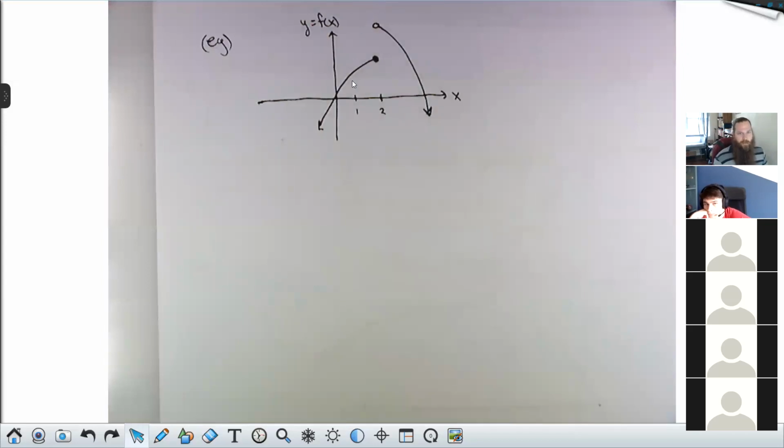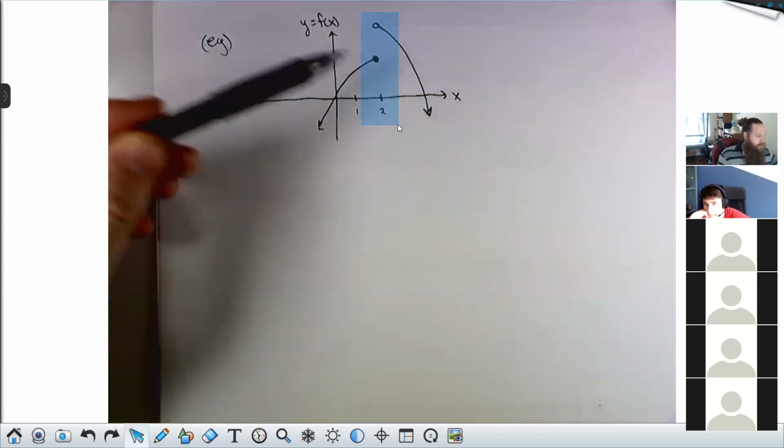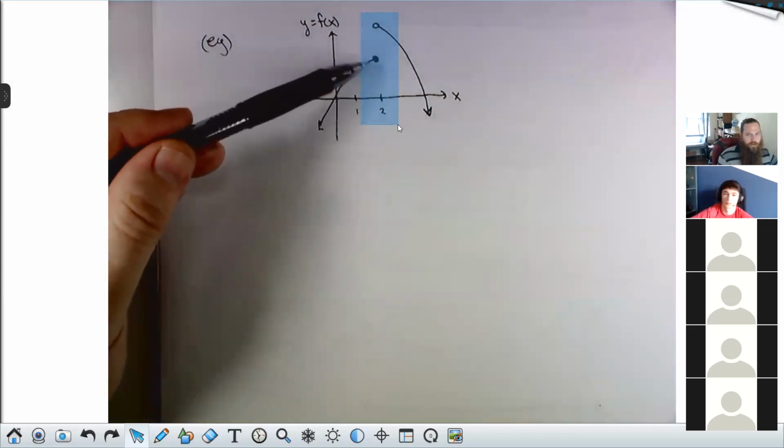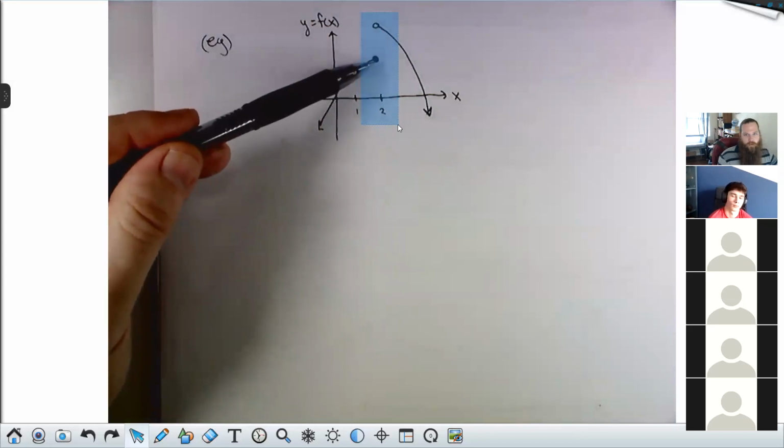We're increasing everywhere here, we're decreasing everywhere here. Our brains want to call that a max, but draw your little window. Here's the actual point on the graph, right? Is that the tallest point anywhere in this window?